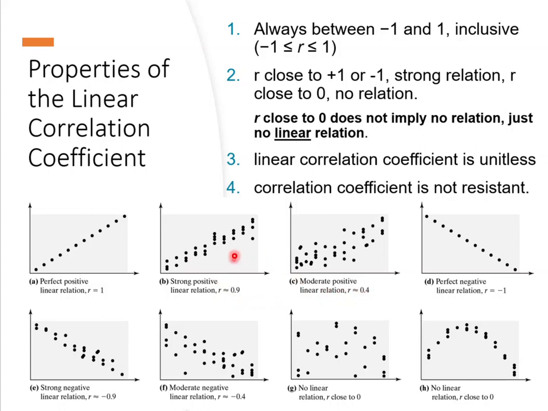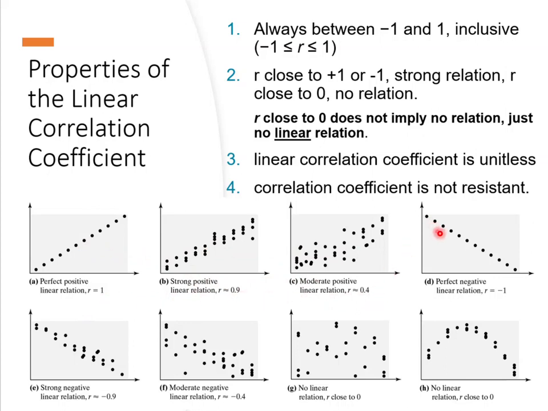So here in graph B, we see that the r value is somewhere around 0.9, but when we move to graph C and the points are much more spread out, we are already down to an r value of 0.4. All three of these are indicating a positive direction, and therefore their r values would also be positive.